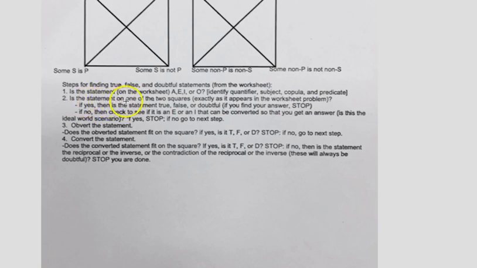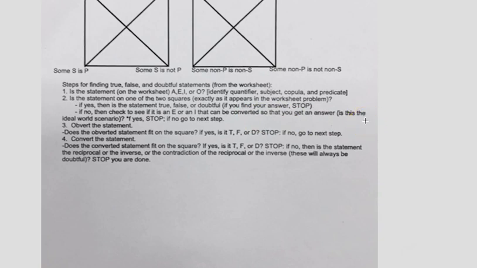Is the statement on one of the 2 squares exactly as it appears in the worksheet problem? If yes, if it's exact, then is the statement true, false, or doubtful? You find your answer and you're done. Stop there. But if no, if it's not exact, then check to see if it's an E or an I statement that can be converted so that you can get your answer.